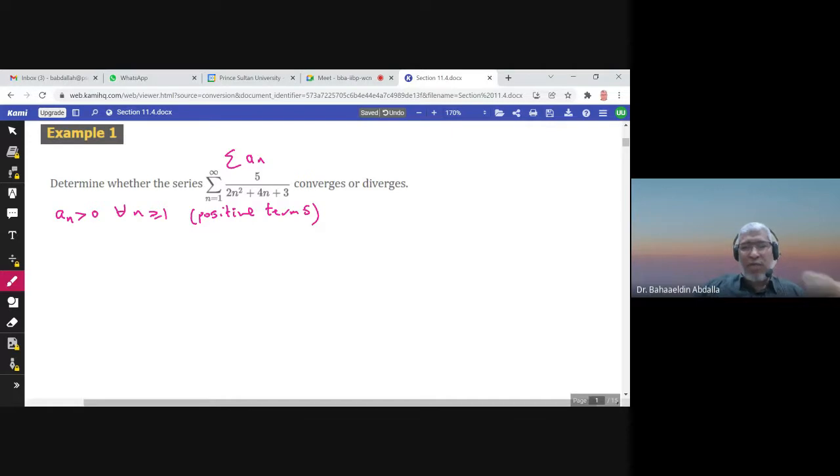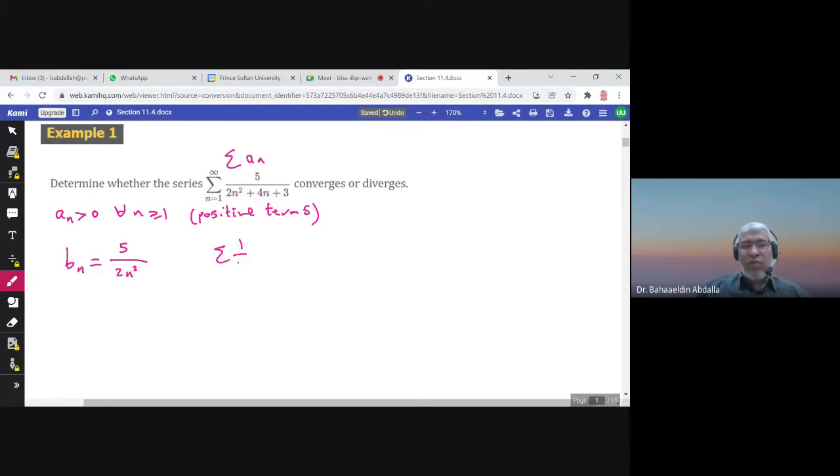So we can apply the direct comparison test, but we need a series summation bn. So how to determine bn? You always determine bn by taking the term with the highest power in the numerator in an and the term with the highest power in the denominator. So this is bn. And we need to compare now an to bn. Well, what do you notice about bn? Well, this is 5 over 2n square.